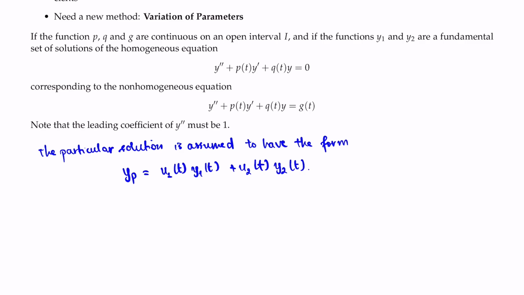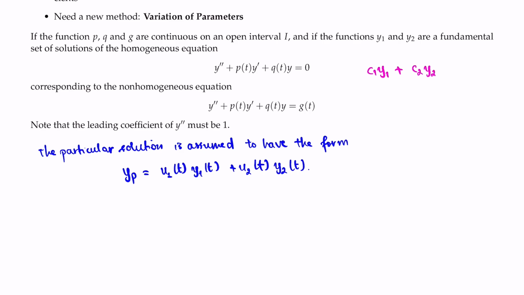If you know y1 and y2, you can write down the homogeneous solution, that is c1 times y1 plus c2 times y2, where c1 and c2 are arbitrary constants. We have been doing that already for a while now. Now the idea for this method is: can you take this homogeneous solution and apply that to the particular solution?